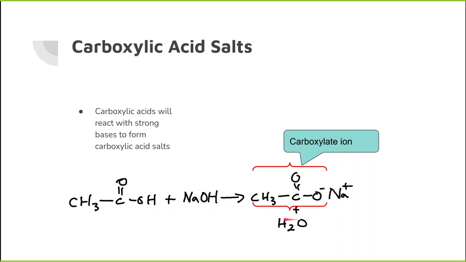So that's your H2O. And then now you've got a positive sodium that has an ionic bond with this carboxylate ion. And these carboxylic acid salts we will see play a role in body chemistry. Any questions there?